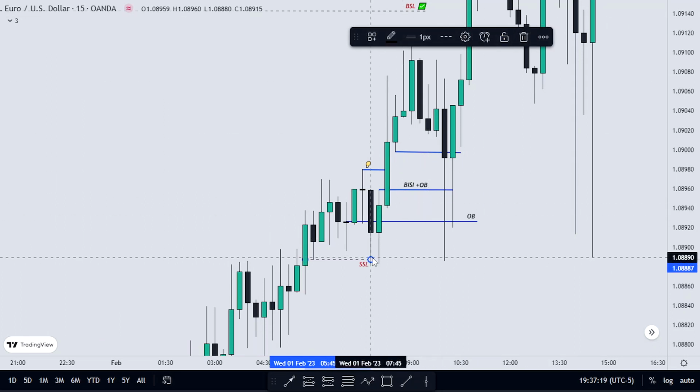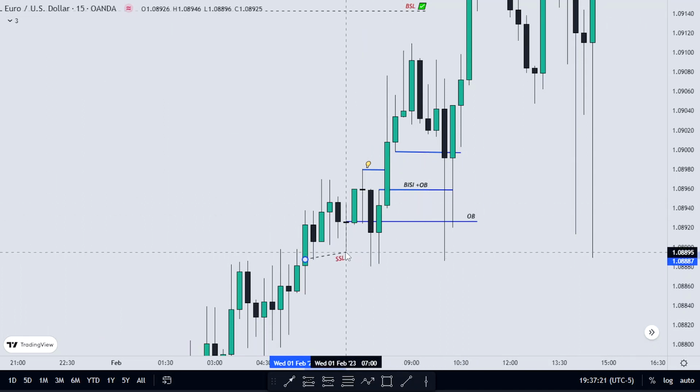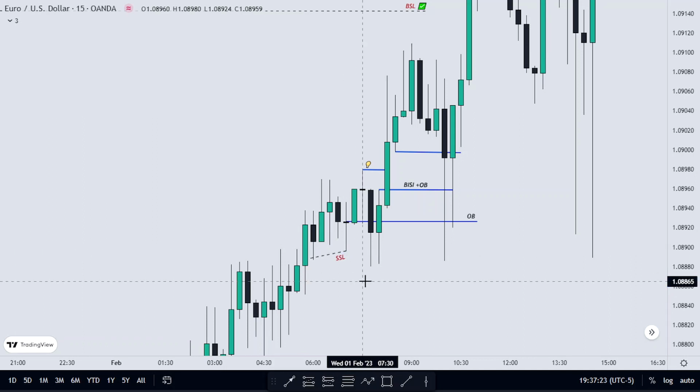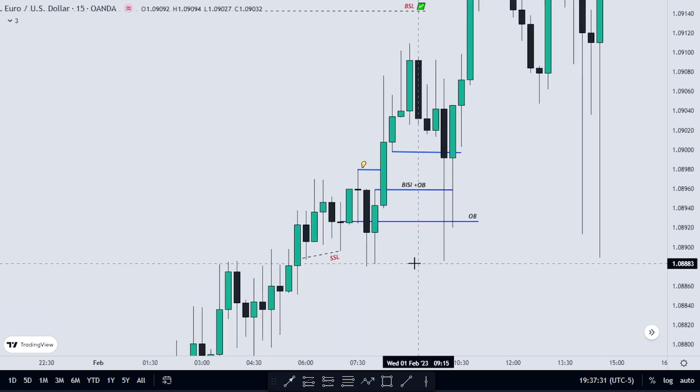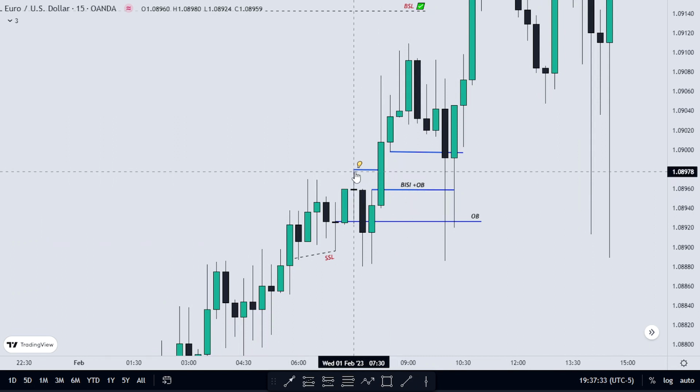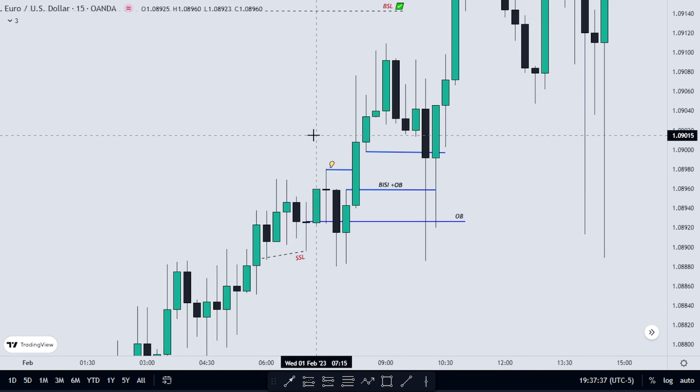These lows were left untapped, and you can see that as soon as we started trading from the 7 o'clock candle right here, we came down to wipe this sell side liquidity, and then we shifted market structure above this high. And this was happening in New York kill zone.